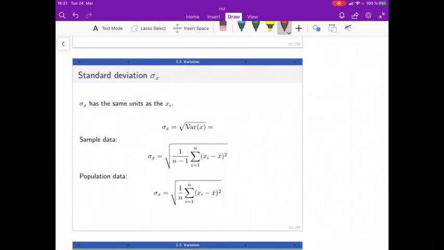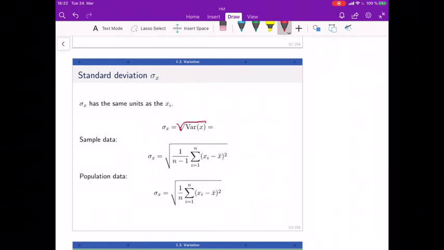The variance is widely used, but one issue with the variance is the unit. We calculate the difference and then square it. So if you measure something in centimeters, the variance comes in centimeters squared. If you want a measure for variation in the same unit as the measurement itself, you just need to take the square root.